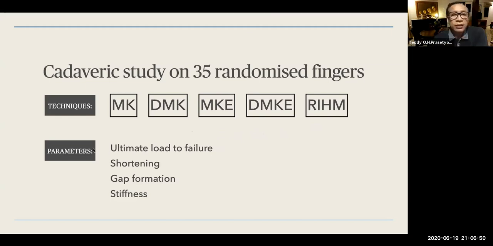So the parameters of the study in terms of biomechanics: the authors measured the ultimate load to failure, meaning how big the force is for the tendon to start to break. Then the shortening effect of the suturing technique, the gap formation once force is given to distract it, and also the parameters to measure the stiffness of the tendon.